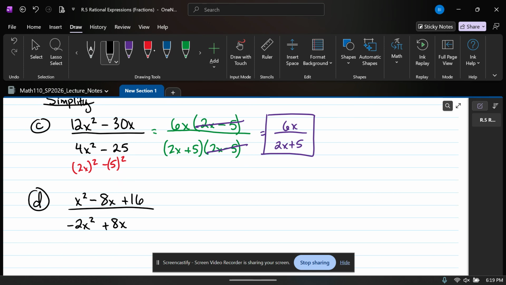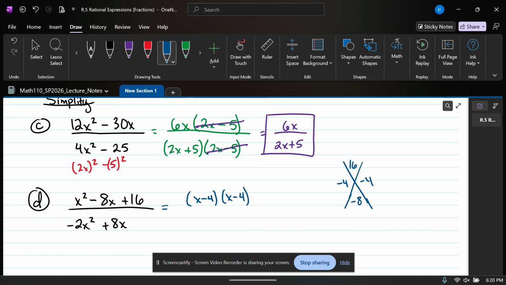So let's factor that. How does the top factor? What method? The tree or the X thing, whichever way you want to talk about it, that's fine. So multiplying to be 16 and adding to be -8. -4 and -4. So my factors are x minus 4 and x minus 4.